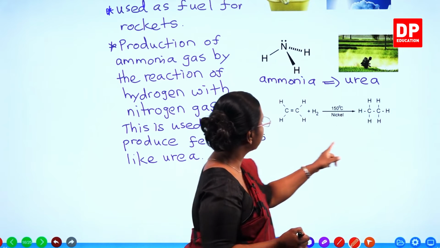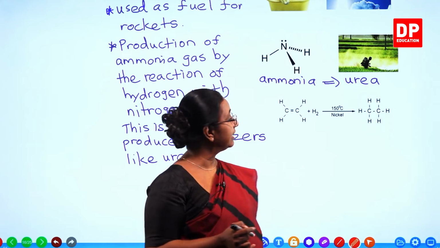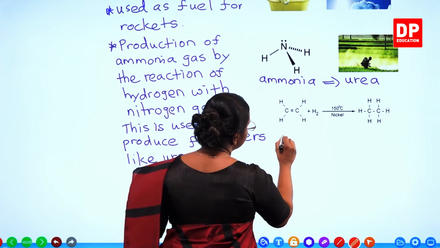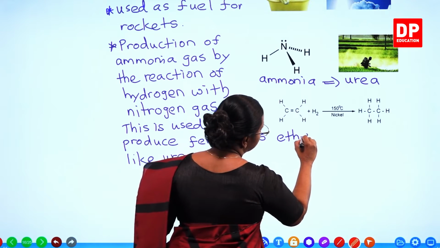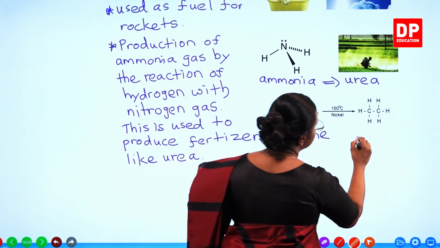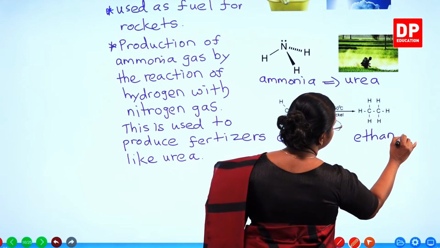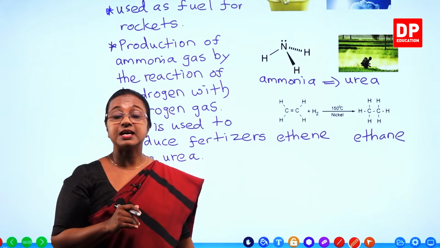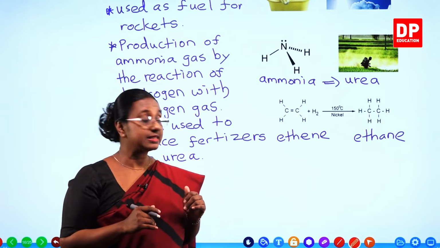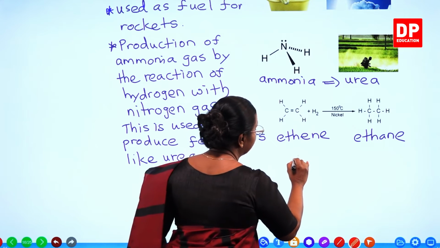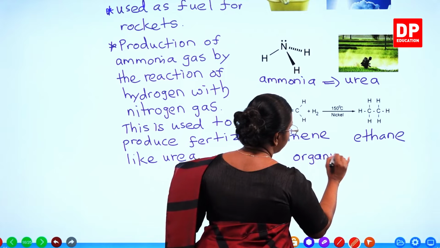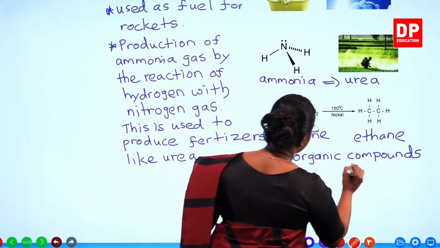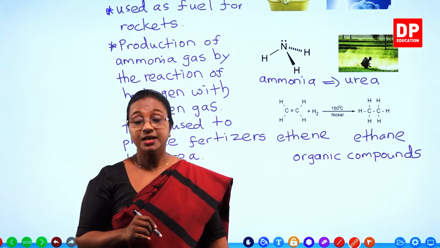Then here this is a reaction. You don't have to go into detail there, but you can see this particular compound, actually you're familiar with this. This is ethene molecule and this is ethane molecule. Don't worry much about their chemical formula because you will be discussing these hydrocarbons in the next grade. So these are organic compounds. When we say organic compounds, compounds that have carbon.